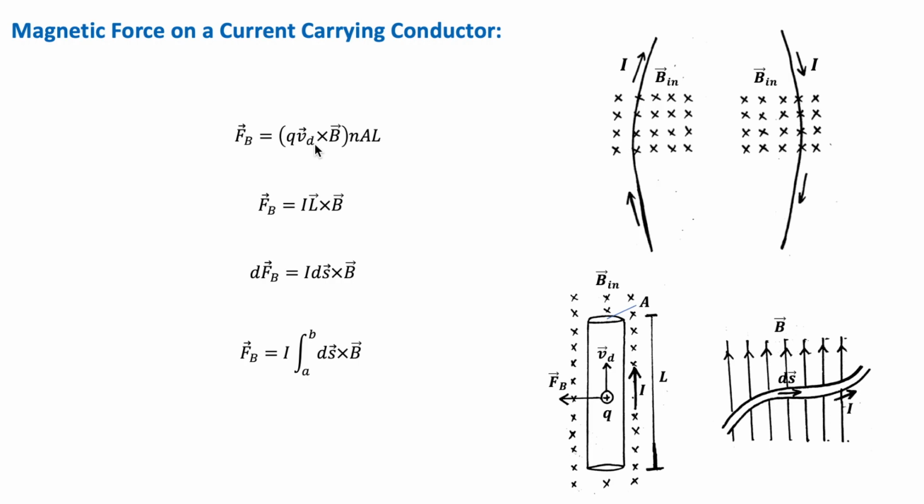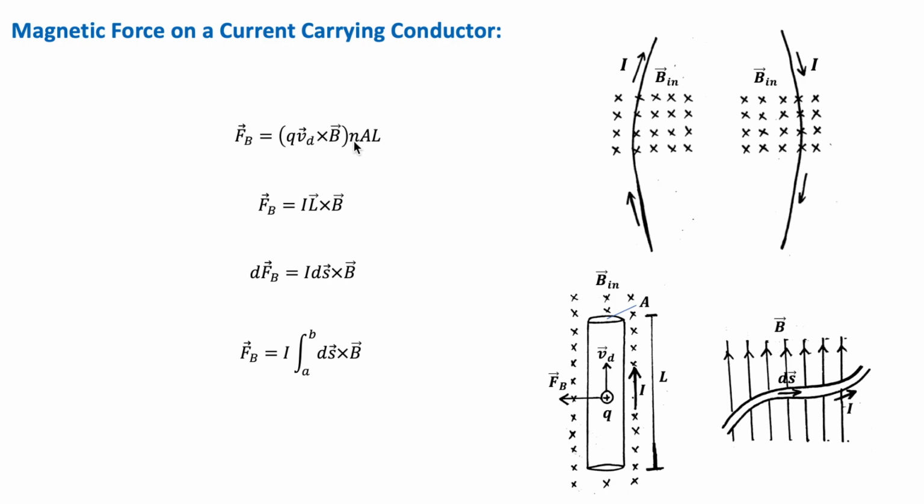The total magnetic force on the wire segment is the magnetic force on one charge multiplied by the number of charges in the segment, right? The number of charges in the segment is given by nAL, where AL is the volume of the segment, okay? And n here is the number of charges per unit volume.